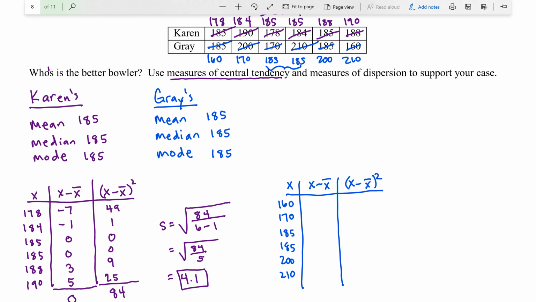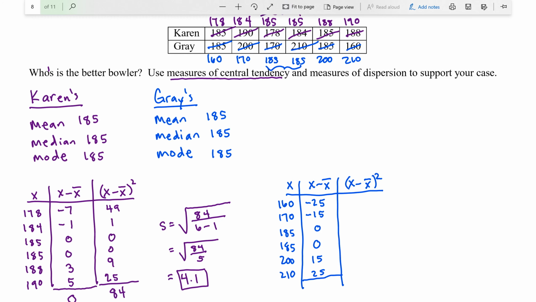Remembering that his mean was also 185, we're going to subtract 185 from each of those numbers in the list. 160 minus 185 gives us negative 25. 170 minus 185 gives us negative 15. 185 minus 185 is 0. 200 minus 185 is 15, and 210 minus 185 is 25.